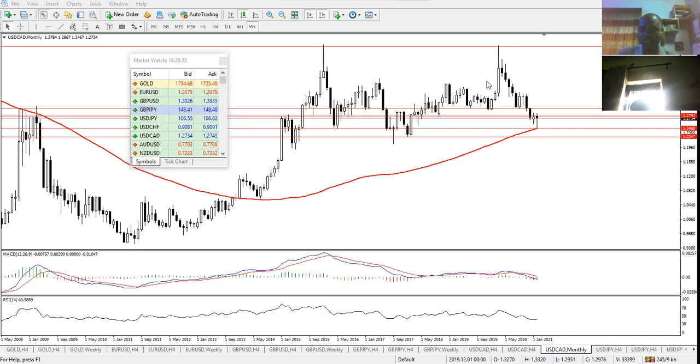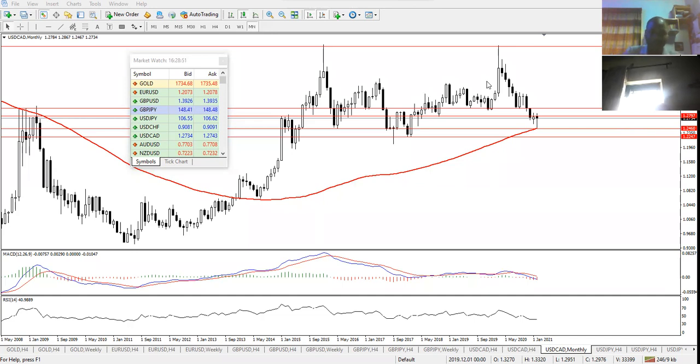So we're going to be working with Fibonacci and moving average again on a lower time frame, in the direction of the higher time frame. In this case, the higher time frame is the monthly time frame.